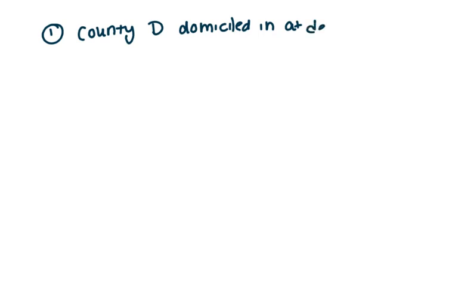So here, there are two primary rules. The first is the county that the decedent was domiciled in at the time of death is the county that has the primary jurisdiction, particularly as it relates to personal property.